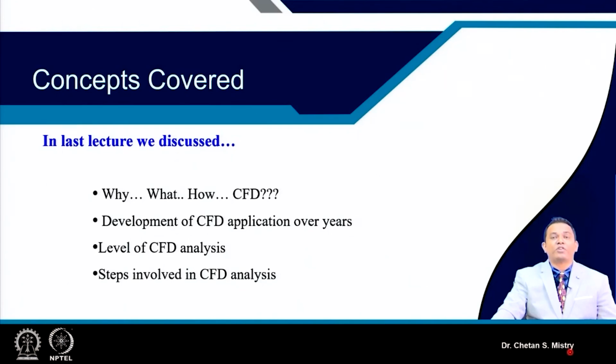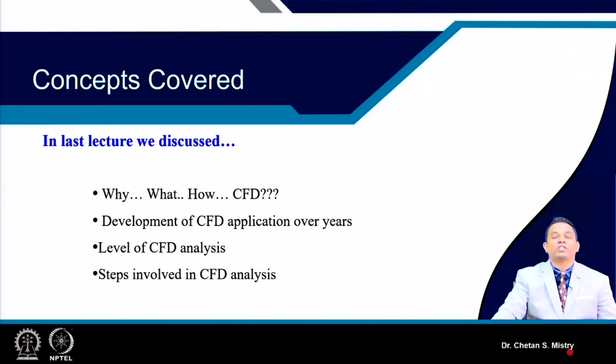Then for turbomachinery applications, we have seen the development of CFD over the years. Initially it started with 1D, then 2D, quasi 3D, 3D, and now it is full 3D analysis. We have also learned about the levels of CFD analysis.